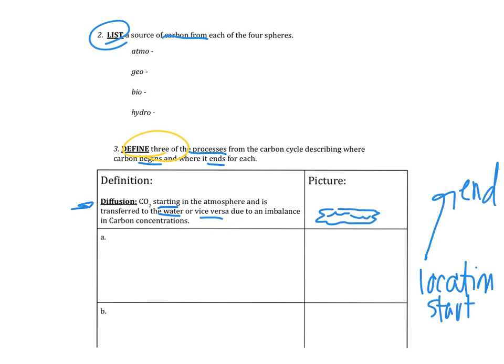And then you can draw your arrow going out from the water to the atmosphere. And you can also draw an arrow from the atmosphere to the water. So whatever term that you pick, give the written definition over here, right? And then the picture definition over here, just a little snapshot of the carbon cycle.